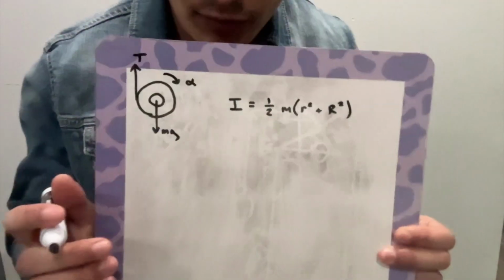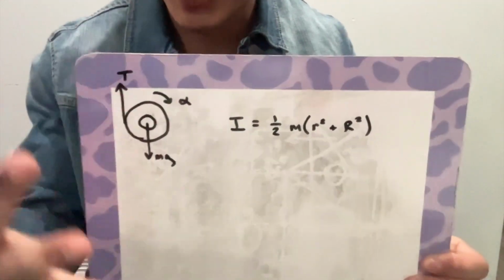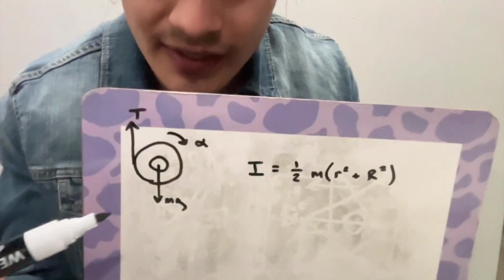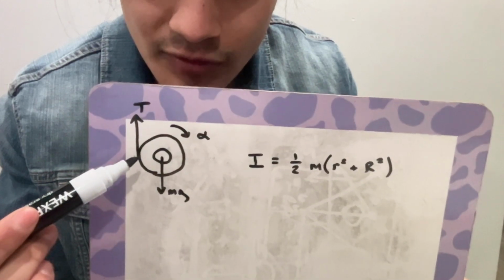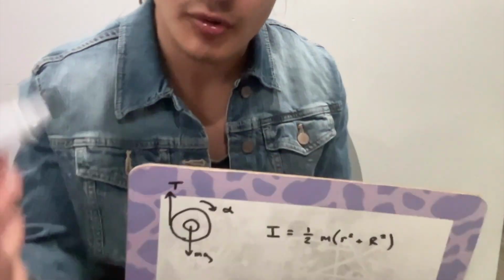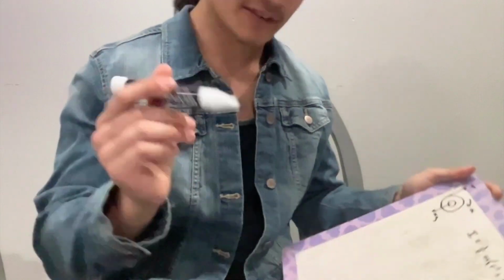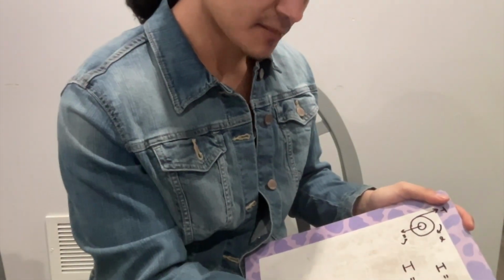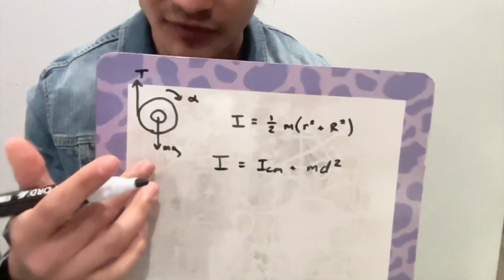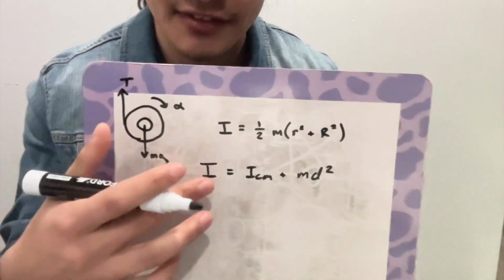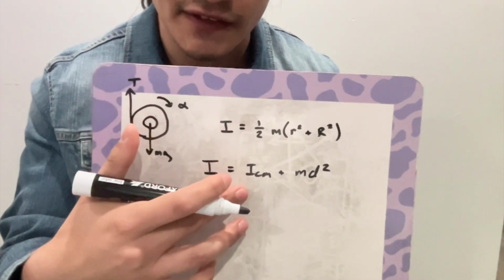Okay, let's write down what we know, and then we're going to find the moment of inertia about this point right here. To do that, we have to use the parallel axis theorem, which is just a formula. The I center of mass is just this, so you can plug that in there.